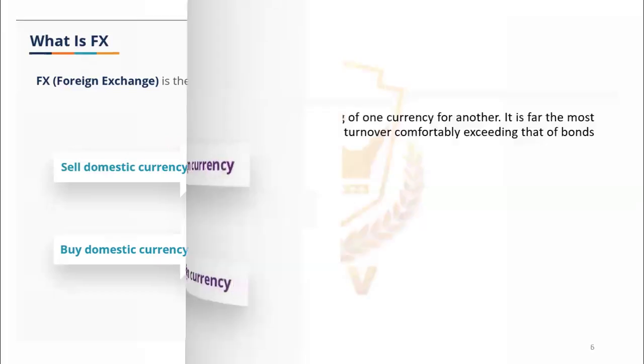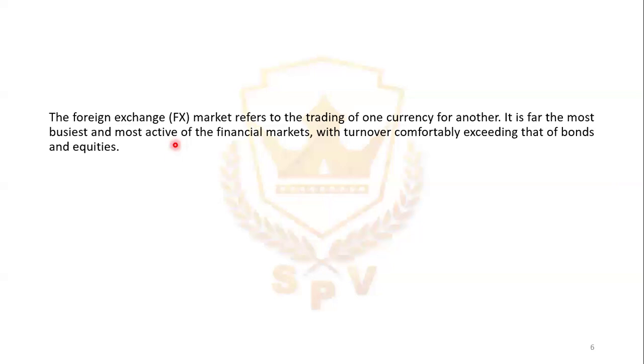So the foreign exchange market refers to the trading of one currency for another, and it is by far the busiest and most active of the financial markets, with turnover comfortably exceeding that of bonds and the equities market. So the equities market is also called the stock market or the shares market.